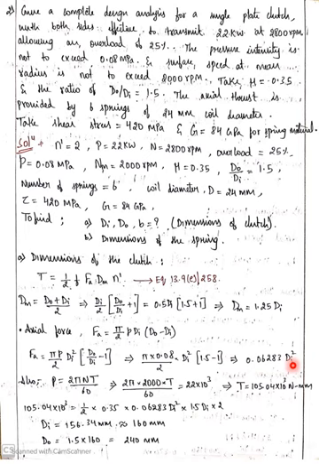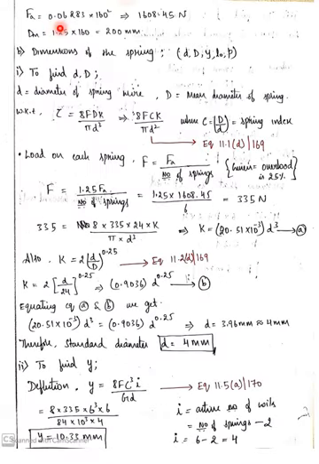Substitute the values and keep them in terms of di. From the power equation, since the power is given, find the value of T. Once you have T, you can find di from the equation. Once you get the value of di, substitute back in this equation to find the value of d naught. Next, substitute back in the axial force equation to find the value of Fa. Similarly, the mean diameter will be known.